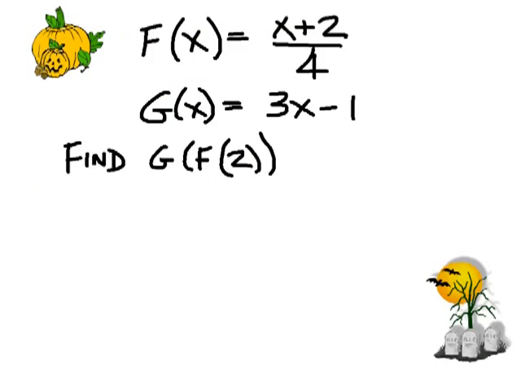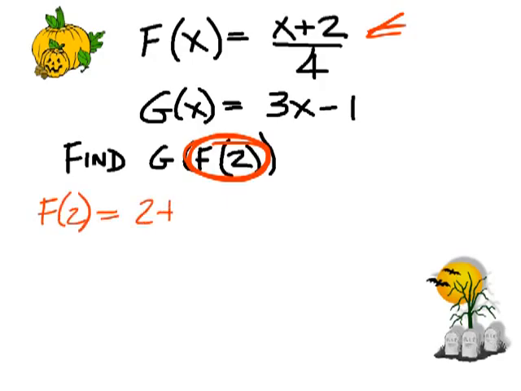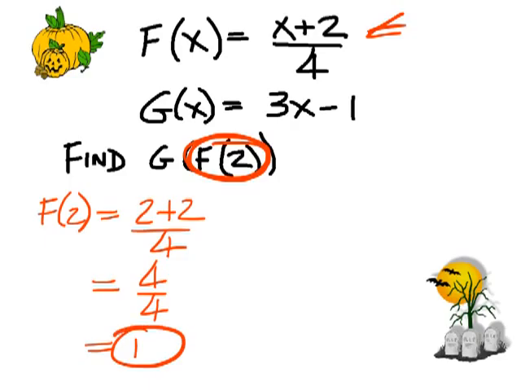Alright, on this one, it's a little different in that you have a fraction, but you still do it the same way. You start here first, the innermost function, which is f of 2, and then you're going to end up with 2 plus 2 over 4, which is 4 over 4. The answer is 1.